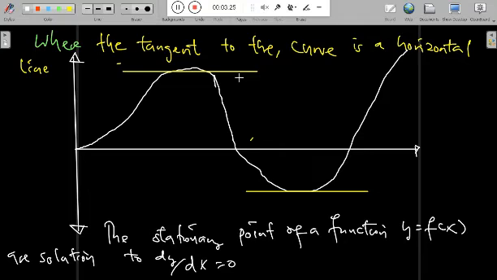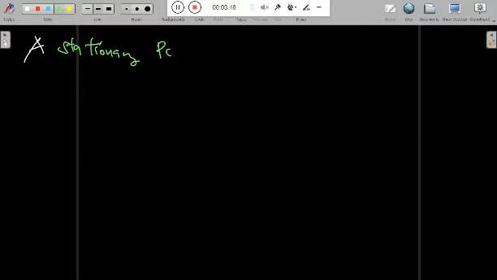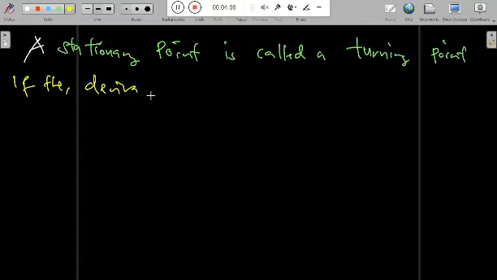Now, one thing we need to understand: a stationary point is called a turning point if the derivative changes sign from positive to negative or vice versa at the point.